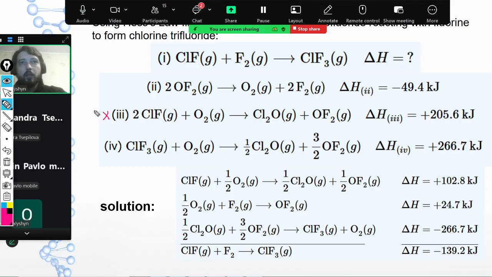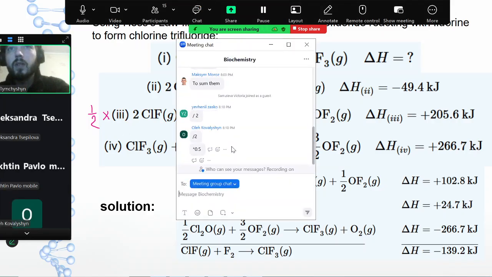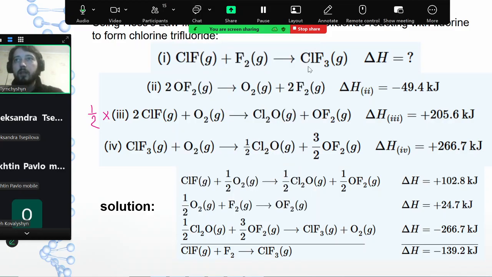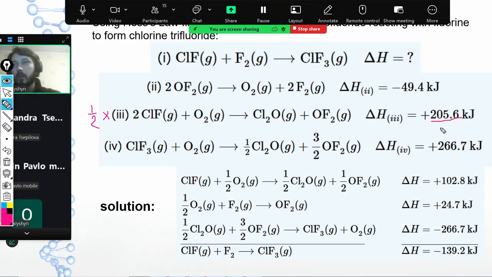So I have multiplied here by 1/2. Yes, it will be divided by 2. Absolutely correct. So I need to divide these by 2. And basically I will have something 100 and something. So here it is, 102.8 kilojoules. Great.